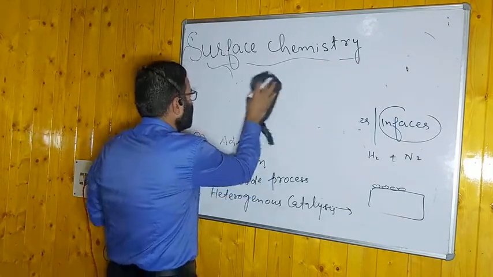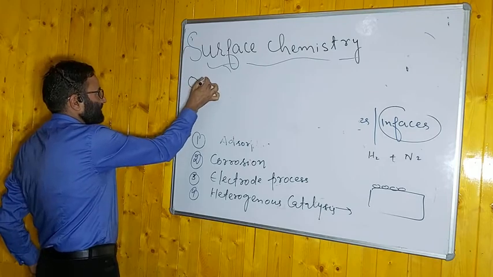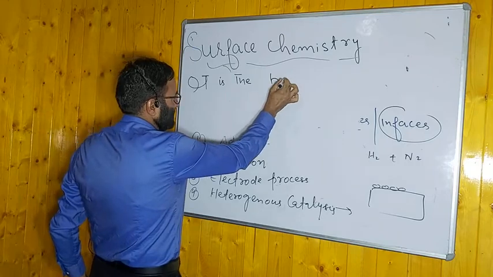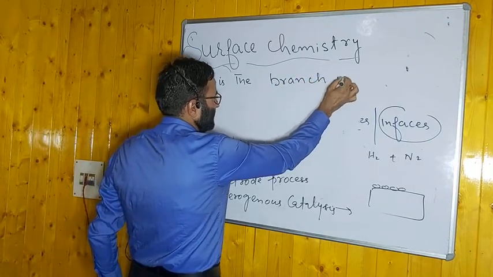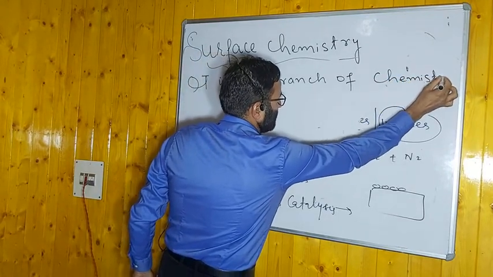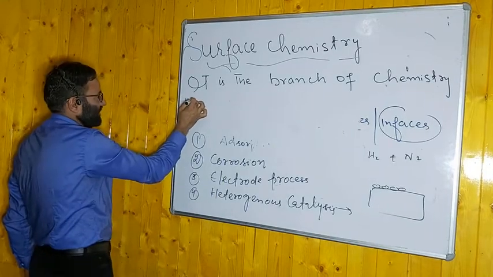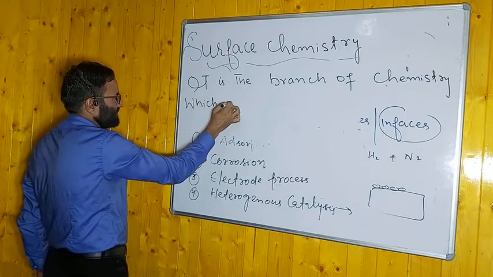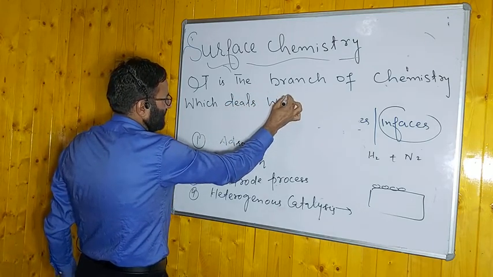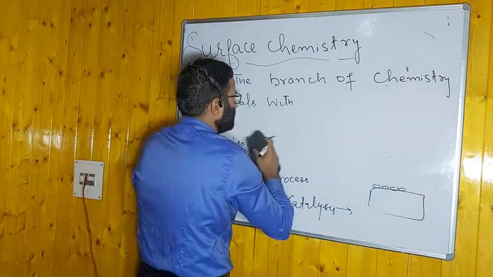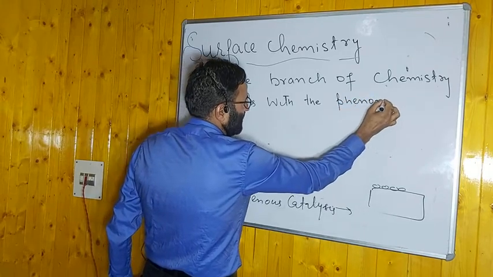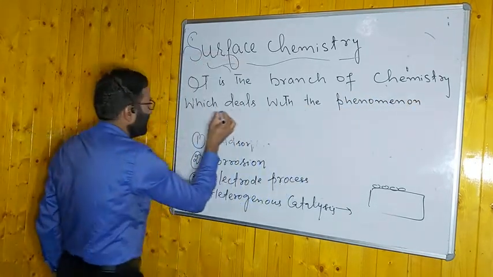We will now write the definition of surface chemistry. It is the branch of chemistry which deals with the phenomena occurring at surfaces.